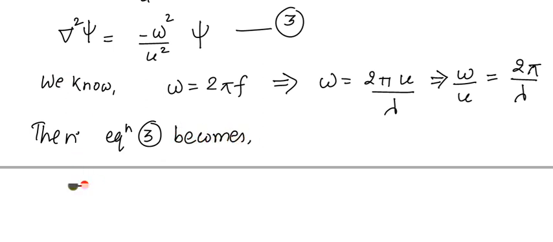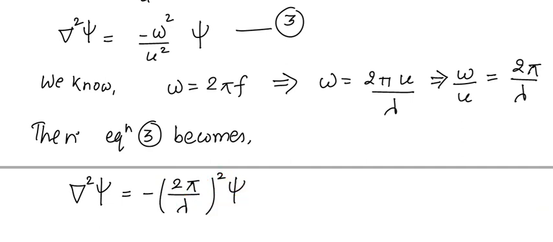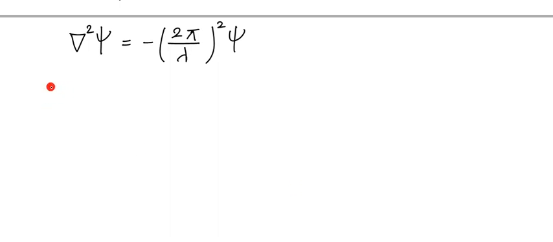we can write that nabla square psi is equal to minus omega square by u square, meaning omega divided by u is equal to 2 pi by lambda. It means 2 pi by lambda whole square times psi here. Now we can write that nabla square psi is equal to minus 4 pi square by lambda square psi.